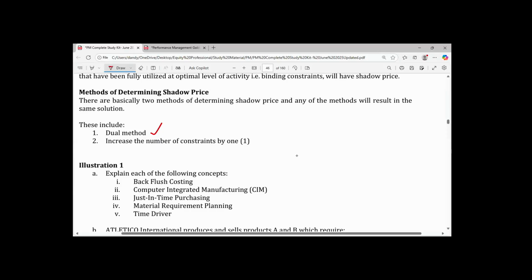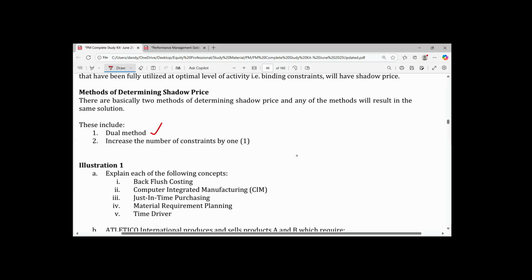Then the second step is to find the transpose of the original matrix. So the two equations you have identified in step one, you need to convert that original problem to the dual problem. How do you do that?